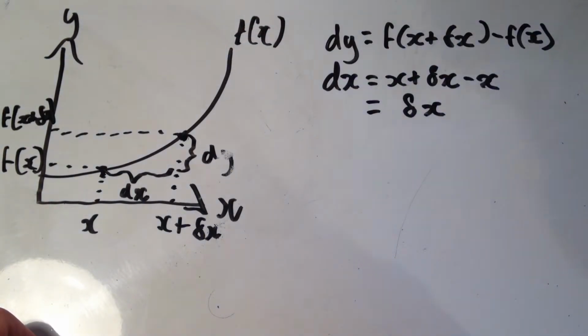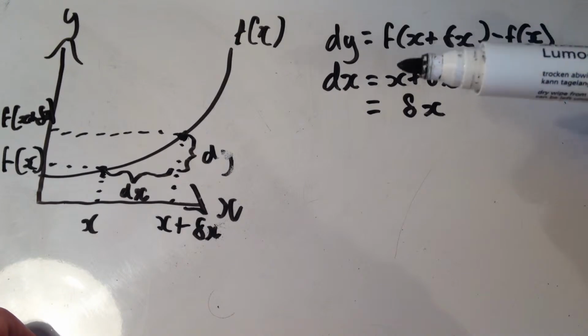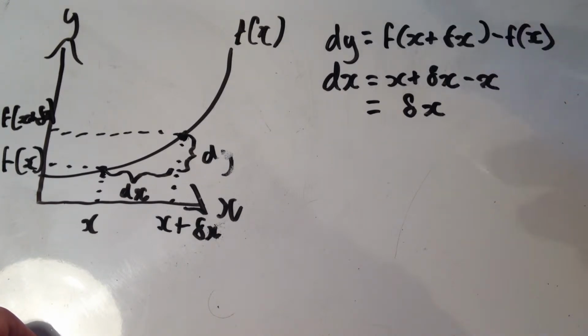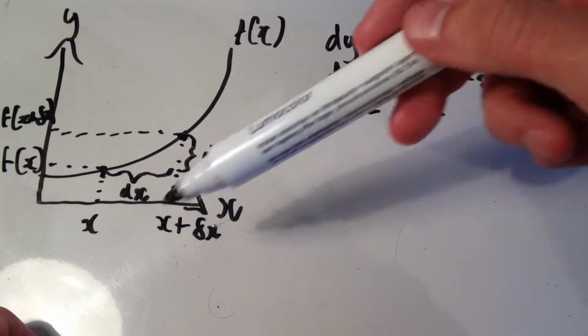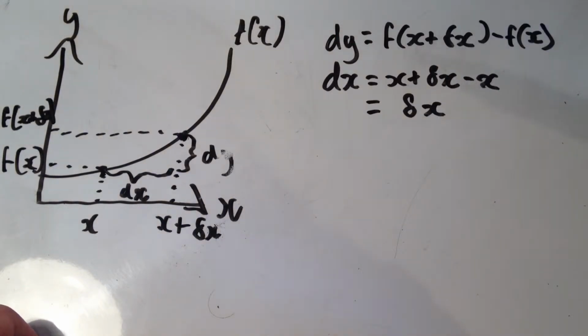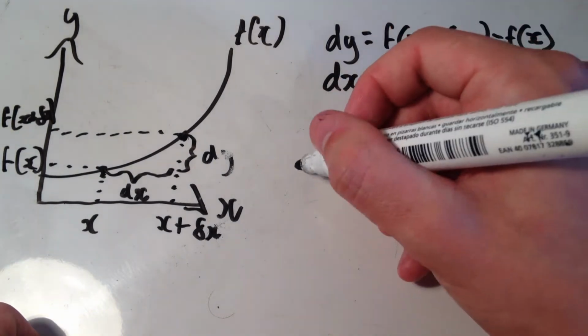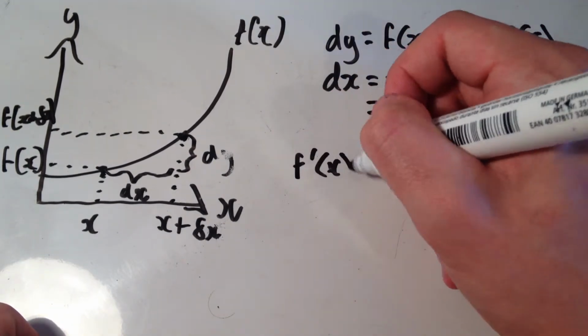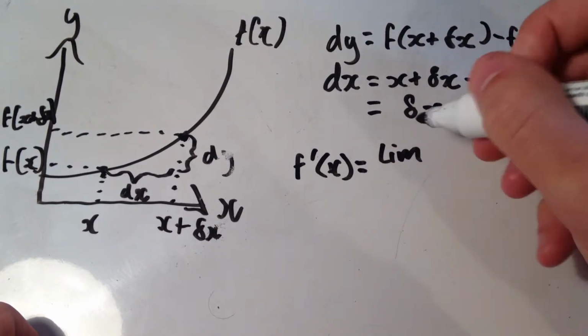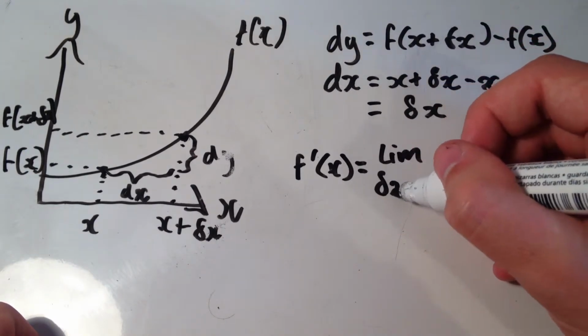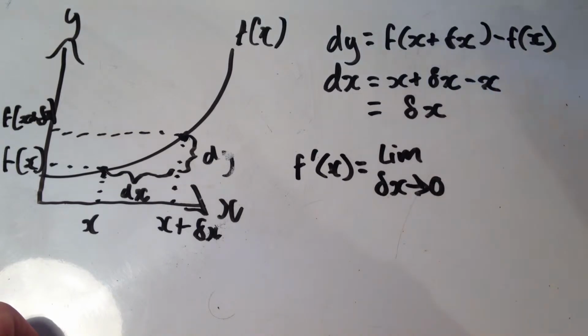However, if we include the property that as the difference in x becomes smaller, you will eventually get to the gradient at point x, this can be shown as f dash x equals the limit as the difference in x tends to 0.